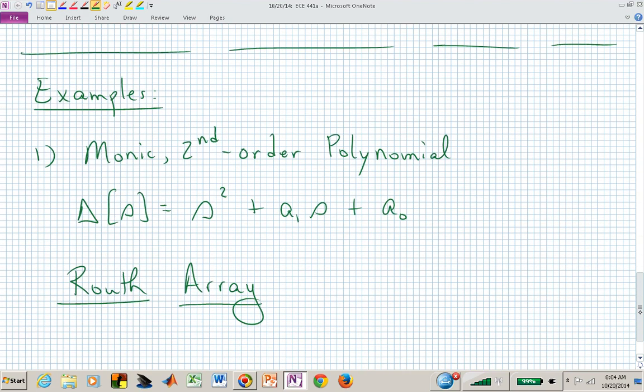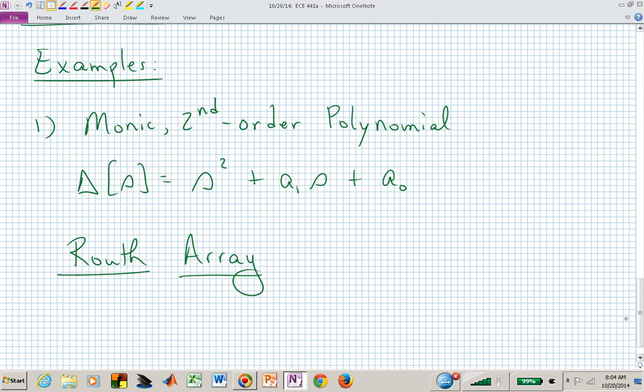Let's review your homework assignment that was given to you last time. You had the entire weekend to do it. Did you build the Routh array for this monic second order polynomial? And if you didn't, can you do it now? Can you create the Routh array for this second order polynomial?